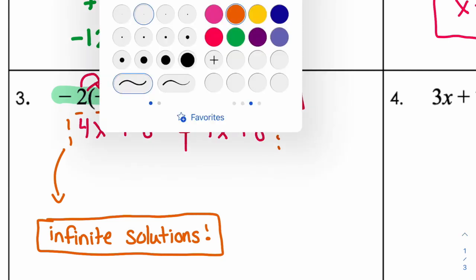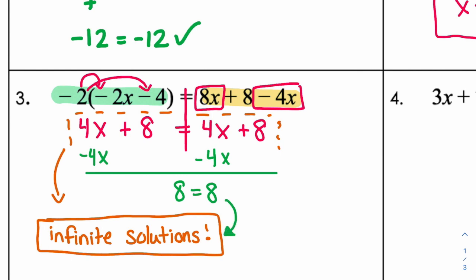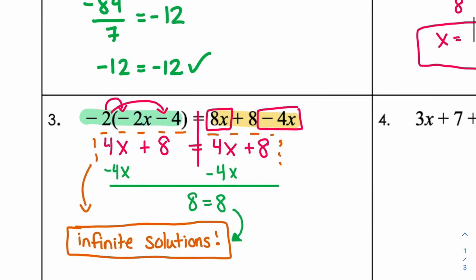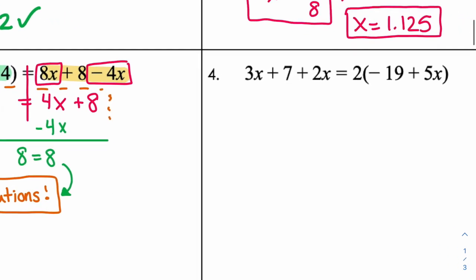If you don't recognize it there, my advice would be to subtract 4x from both sides. And notice that then you get 8 equals 8, which also means infinite solutions. When you have the exact same thing on both sides of the equal sign, it's infinite solutions.